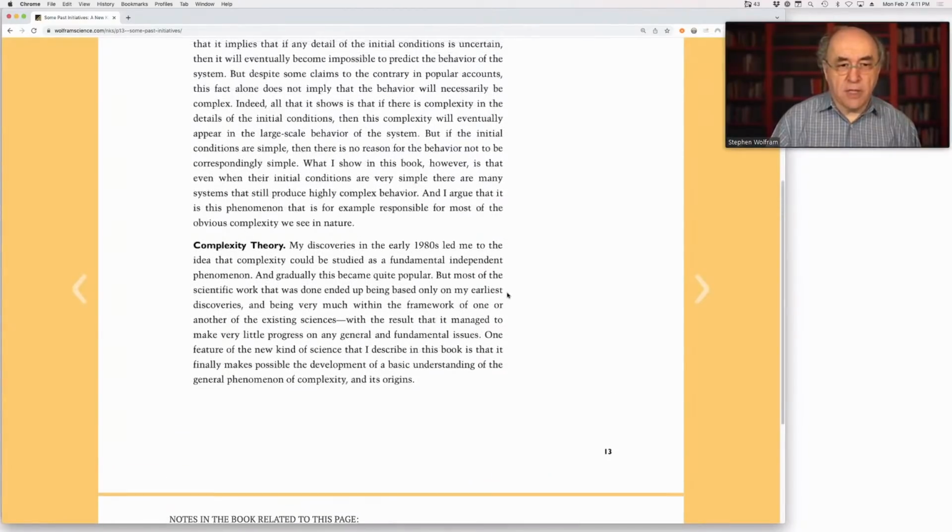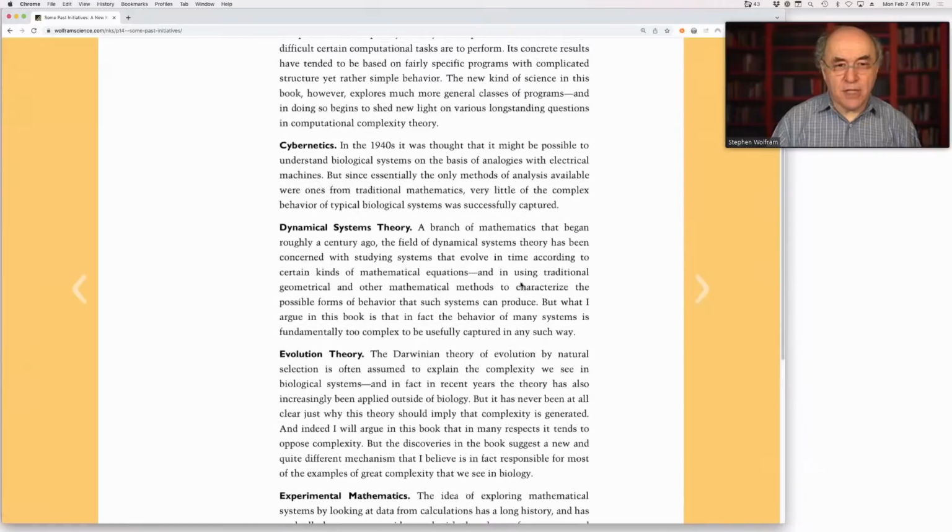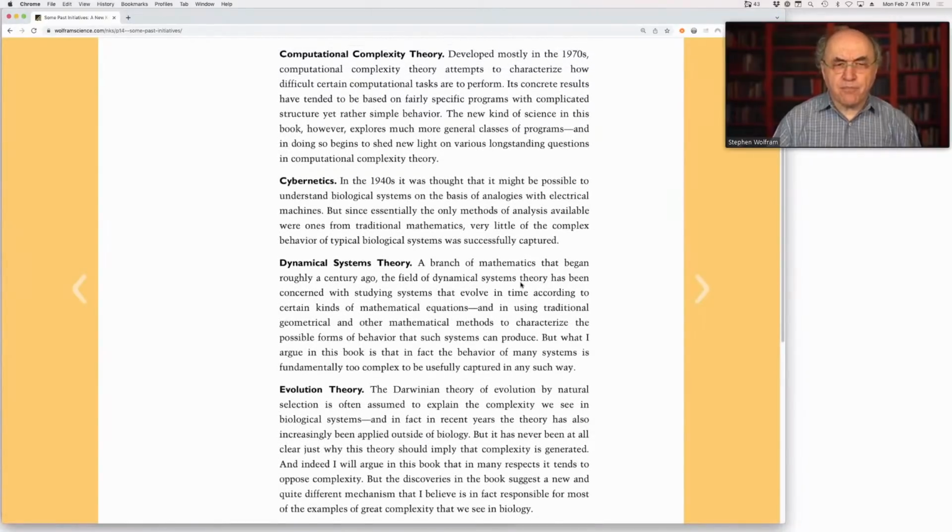I talked about complexity theory, and I recently wrote a piece about where complexity theory has gone. It's an interesting story. Looking back on NKS today, I think there are two key ideas, which I just wrote about a couple of months ago: what I call metamodeling and what I call ruliology.